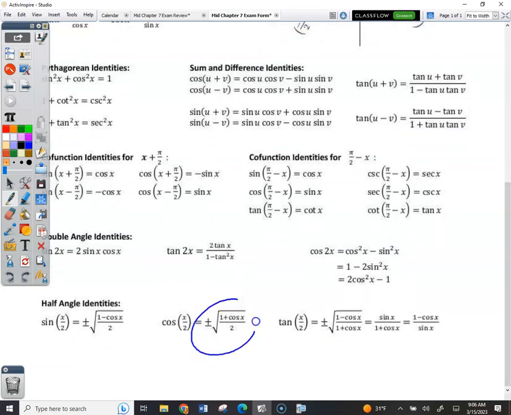It's right here. The plus or minus doesn't play a role here because we don't know what quadrant we're in. We don't know anything about the angle, so that's irrelevant. That's for when you're evaluating. We're not evaluating. We're just trying to prove the identity. So ignore the plus or minus. I copied the entire square root, 1 plus cosine x over 2.